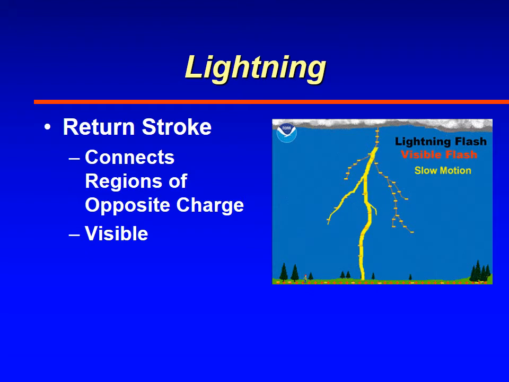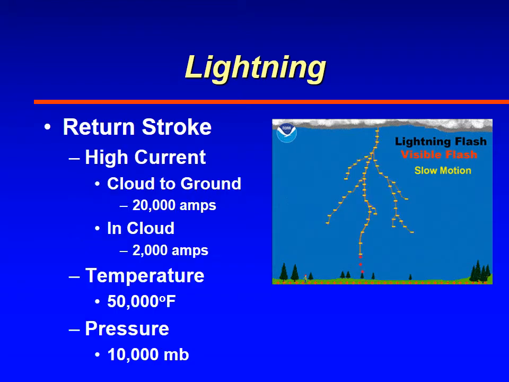So what you see is a visible lightning strike because of the very fast flowing, very high current that connects these two different areas. So this is the visible part of the lightning stroke, and it looks like it stretches up from the ground to the cloud, and the reason for that is because the circuit is made first at the ground or close to the ground. It's completed, and that's where the electrons start flowing quickly, and then as you move up higher, it taps into more and more charge.